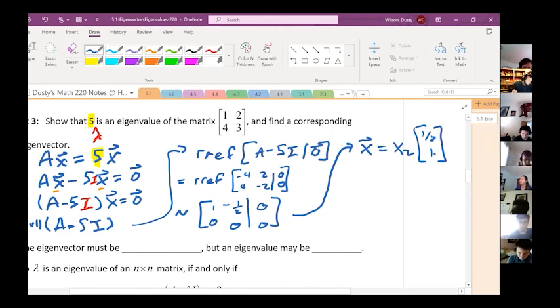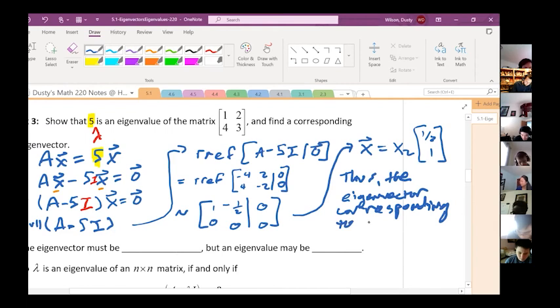So this tells us that thus the eigenvector corresponding to lambda equals 5 is (1/2, 1), or maybe if we don't like fractions, we could just multiply this thing by 2.